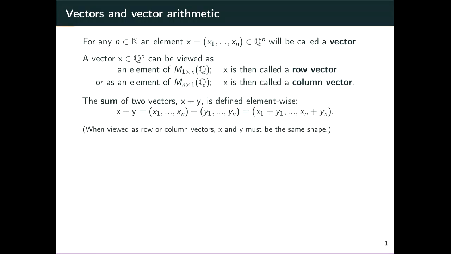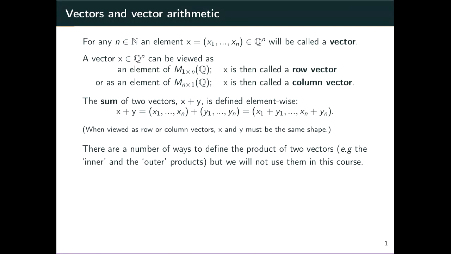If you're adding vectors, then you want them to have the same dimension, and when you're thinking about matrices, that means they need to have the same shape. As I mentioned before, there are different ways to define products on vectors, but we're not going to look at the product between two vectors in this course, so you don't need to worry too much about that.